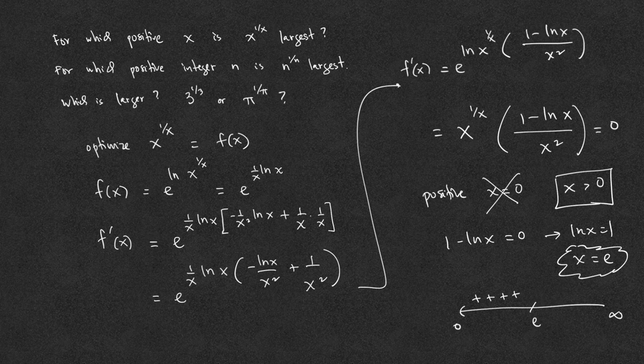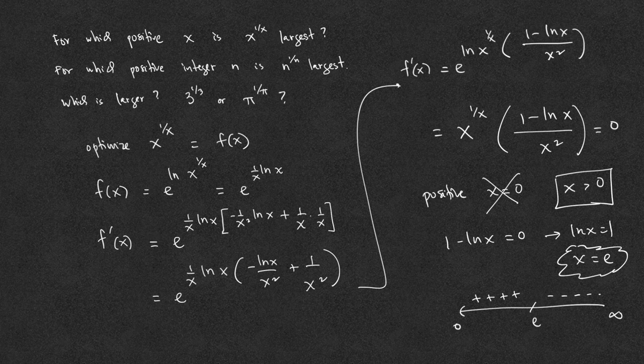For any number between e and infinity, 1000 for example, ln of 1000 is larger than 1, so 1 minus ln of 1000 is negative, and f prime is negative. We see that the quantity is increasing and then decreasing.